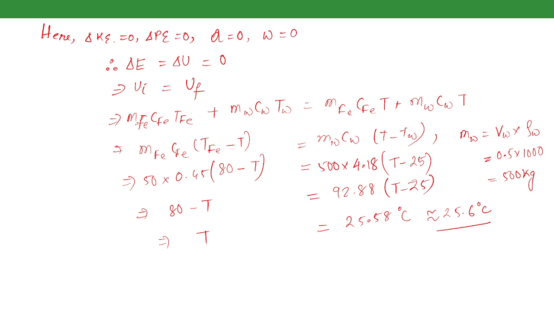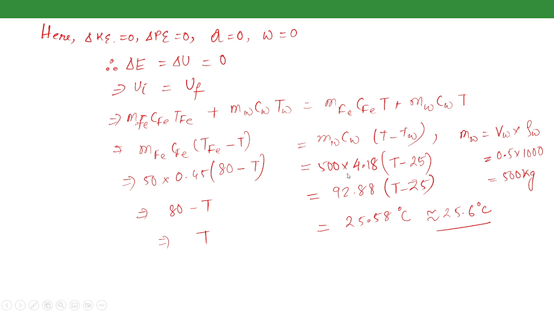I mean, it is having a drop of around 54 degrees, whereas the temperature of water, although the mass is significant, is increasing only by a fraction, like 0.6. It is like 1 upon 80 times of what the temperature of iron is decreasing.